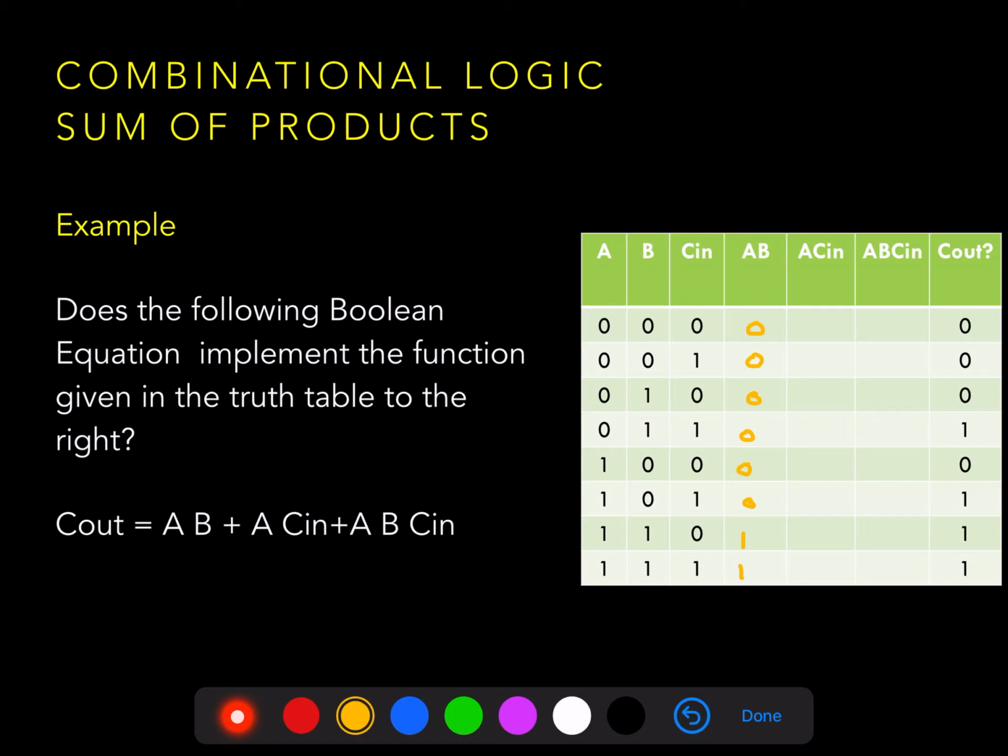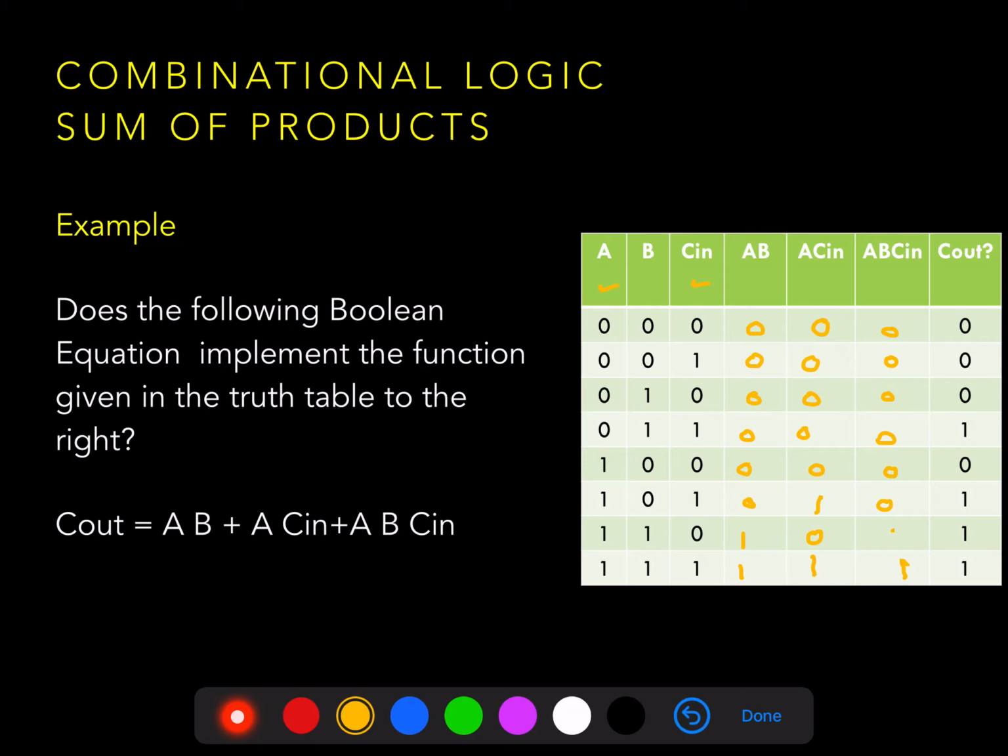In the next column, the next term A CN is calculated, which is equal to 1 only when A and CN are both equal to 1 at the same time. And again, that gives us mostly zeros in the truth table. And finally, the term A B CN is equal to 1 only when all the inputs are 1, which occurs only in the last line of the truth table.